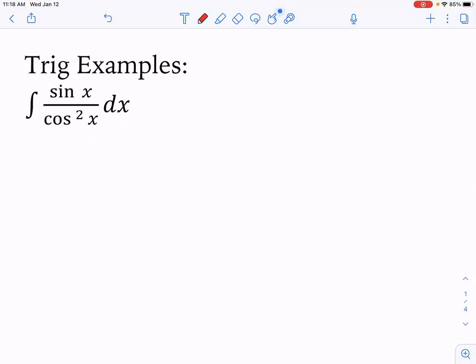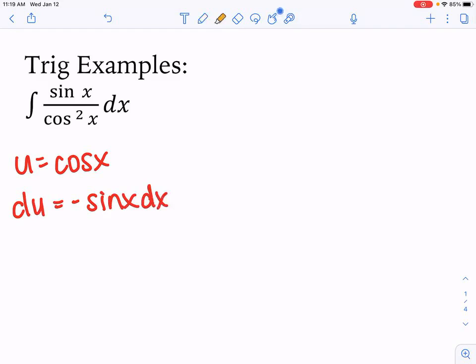I'm going to come back to your suggestion in a moment. So we can let u equal the cosine of x, because then du would equal negative sine of x dx. Which is perfect because we have sine of x dx right there.